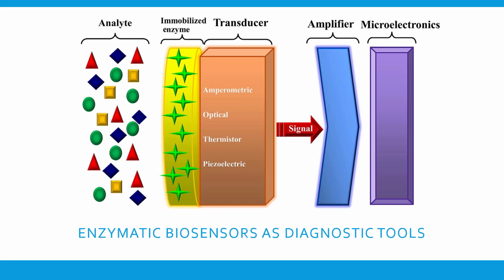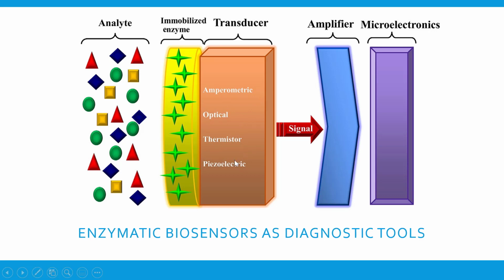So the diagram shown in this slide will give the explanation of the given definition. This is an analytical device where your analytes are analyzed using an immobilized enzyme. From this immobilized enzyme, the signals are transduced in various ways. The prominent ways are amperometric, optical, thermistor and piezoelectric.